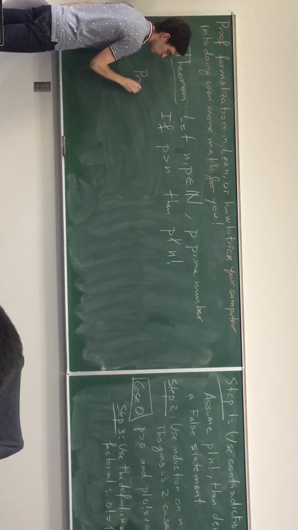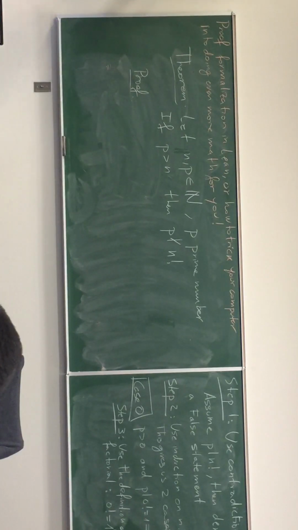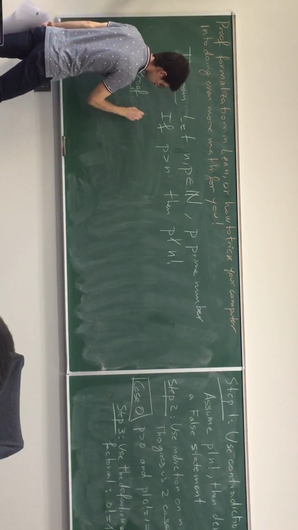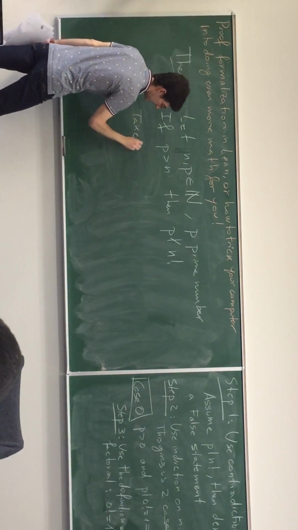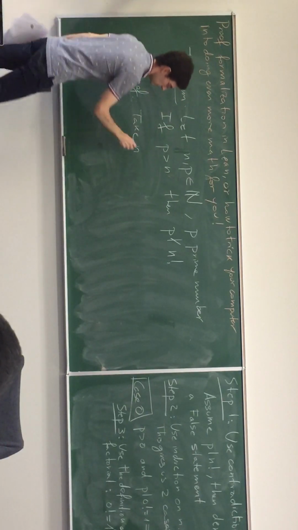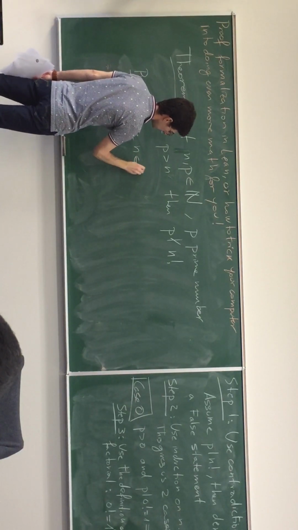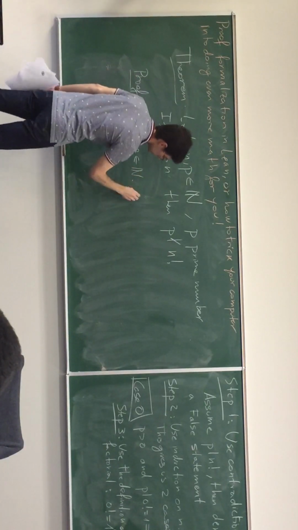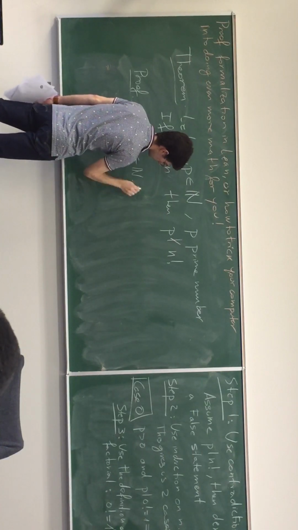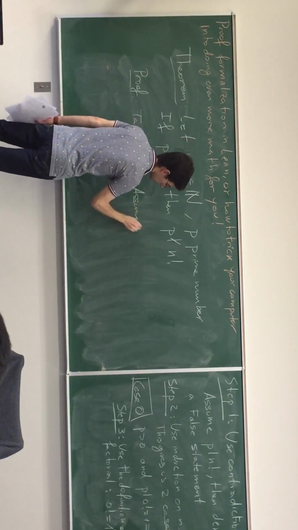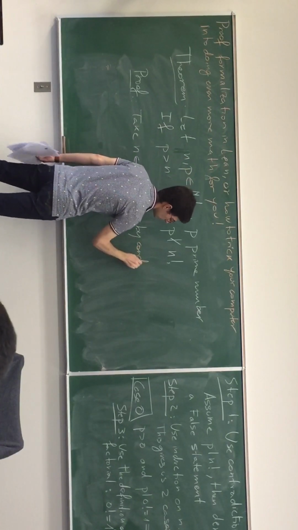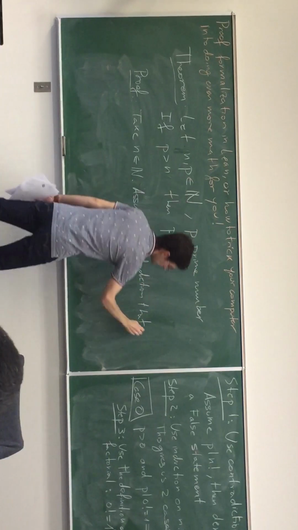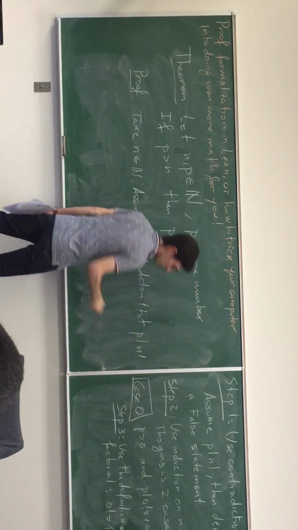If I had to prove this in class, I would say, well, let's take n, some natural number, and p, and then by contradiction, assume that p divides n factorial.